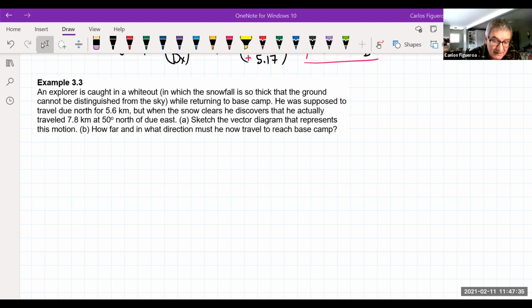So I'm going to set up my coordinate system again. So I'm going to start with my physical picture. And so when I'm looking at my physical picture, I'm seeing something like this.